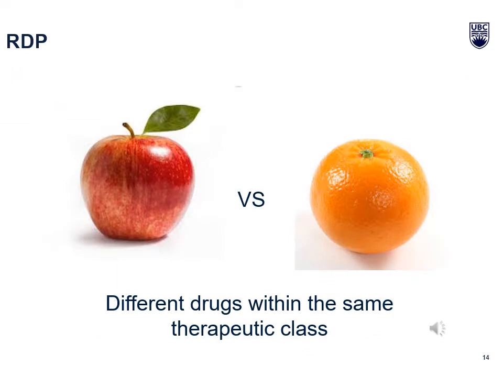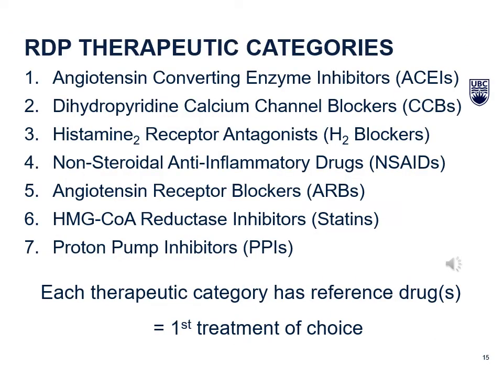We'll now discuss PharmaCare's RDP, or Reference Drug Program. In the RDP, PharmaCare is looking at different drugs within the same therapeutic class. There's 7 RDP therapeutic categories.